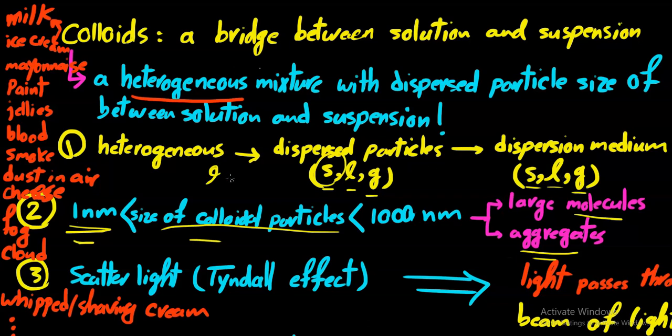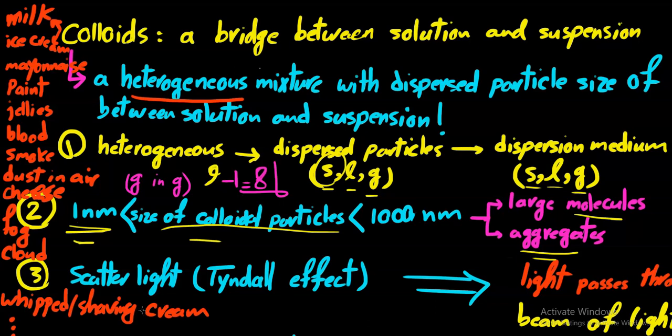In practice, we usually don't have the colloid of gas in gas. So practically we have 9 minus 1, which is 8 different colloids, and we are going to talk about these 8 different colloids in the next video, but not in this video.